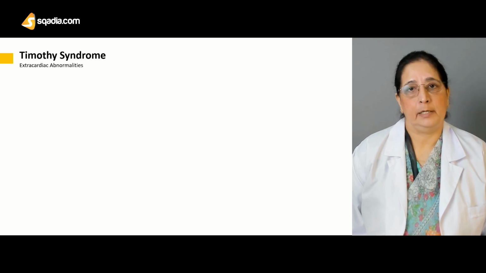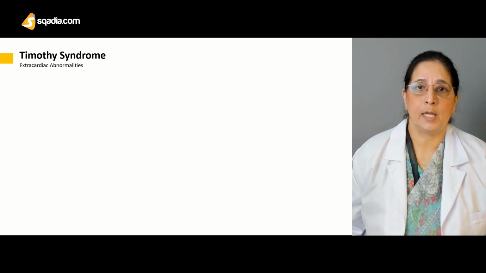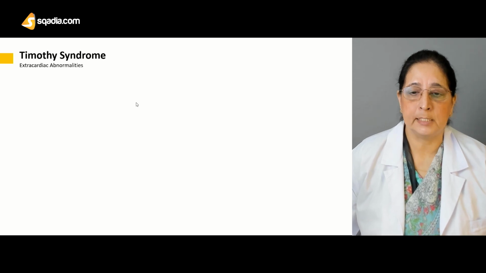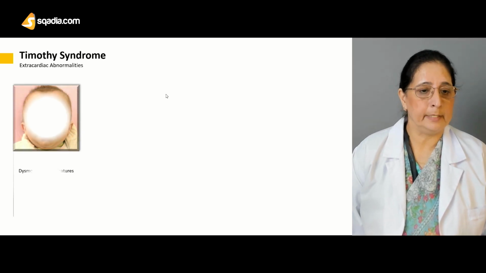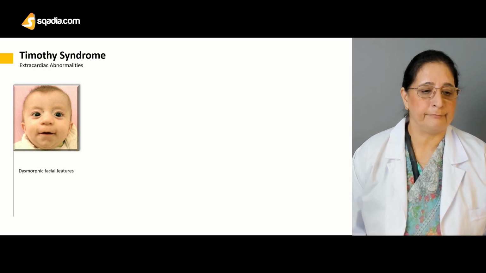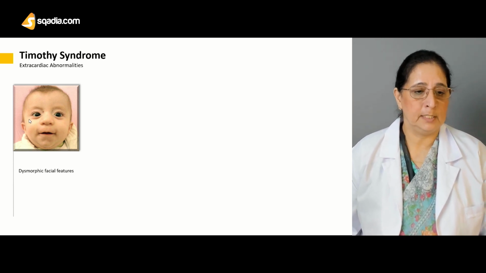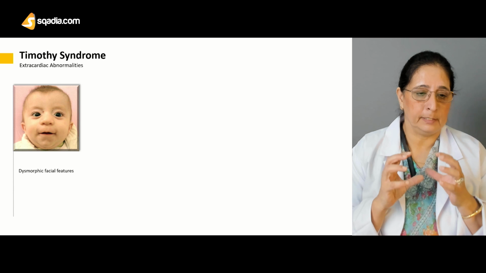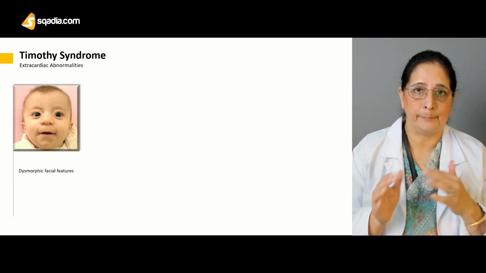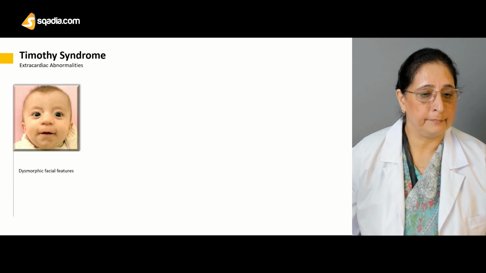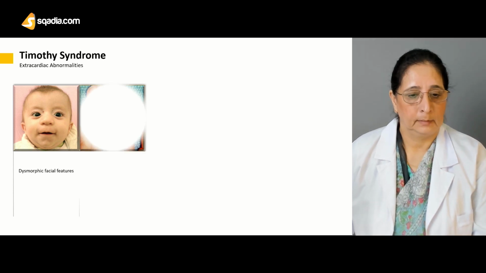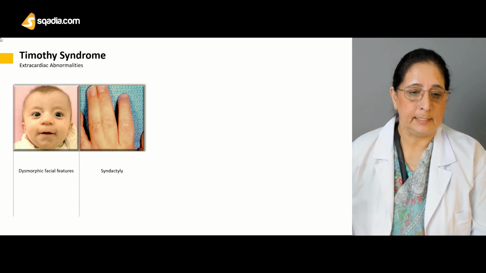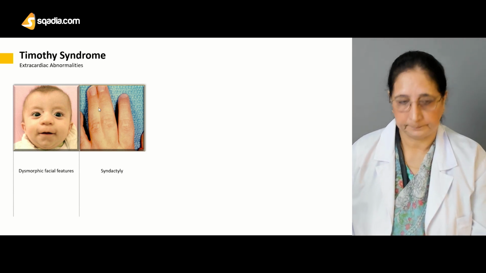Timothy syndrome also has some extracardiac abnormalities. These include dysmorphic facial features, where the different facial features are not in proportion. Syndactyly, the joining of the fingers, where the fingers are joined together.